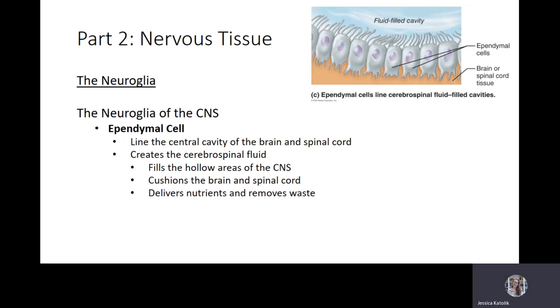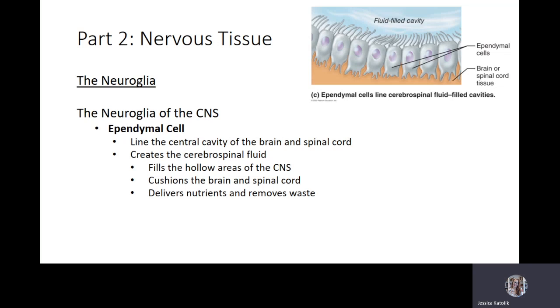First and foremost, it fills the hollow spaces inside the brain and spinal cord, and circulates through them. This fluid also surrounds the brain and spinal cord, and it acts very much like a cushion as the brain and spinal cord are being moved around.